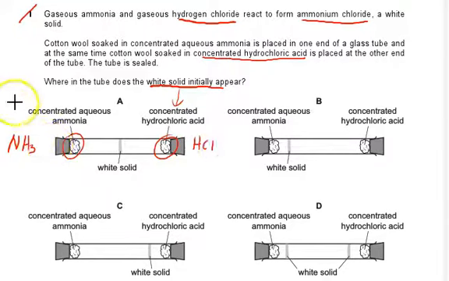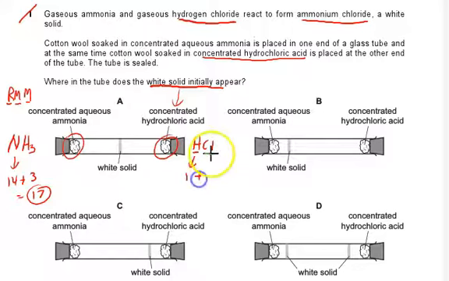For the relative molecular mass calculation, nitrogen is 14 plus hydrogen, which is 1 multiplied by 3, giving a total of 17. For hydrochloric acid, hydrogen is 1 and chlorine is about 35.5, so the total is 36.5.